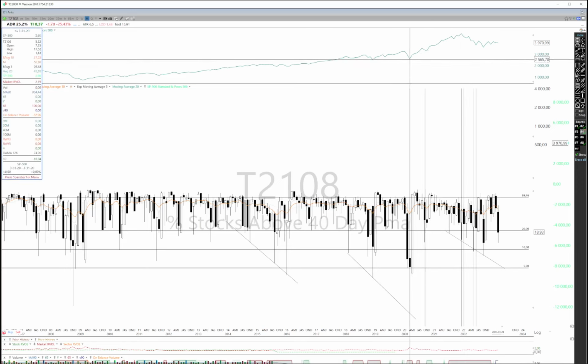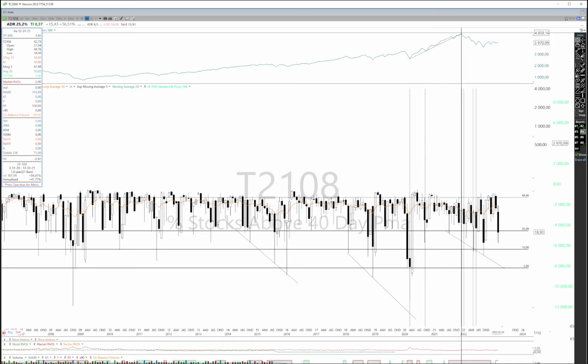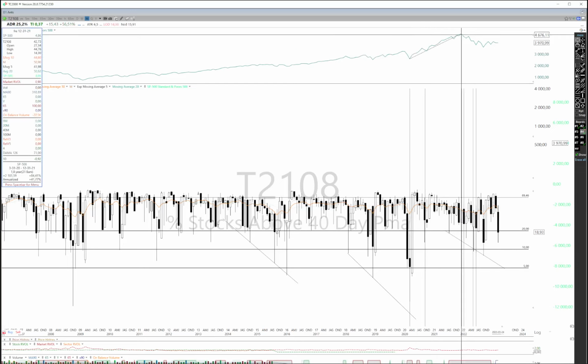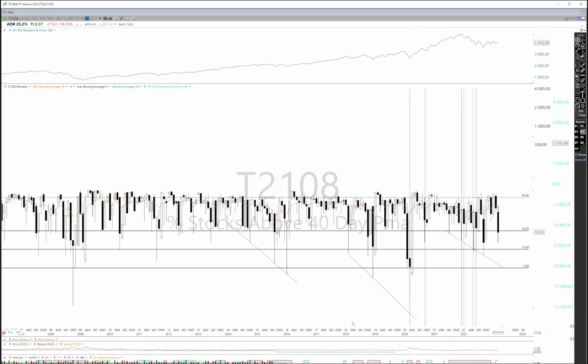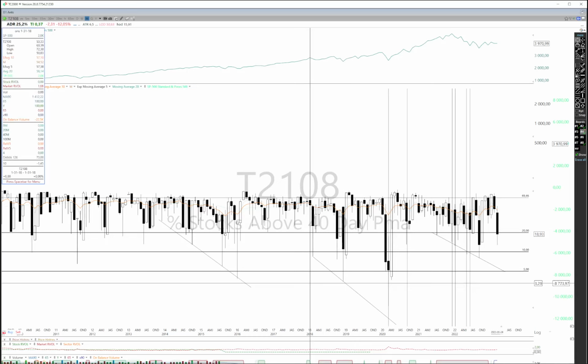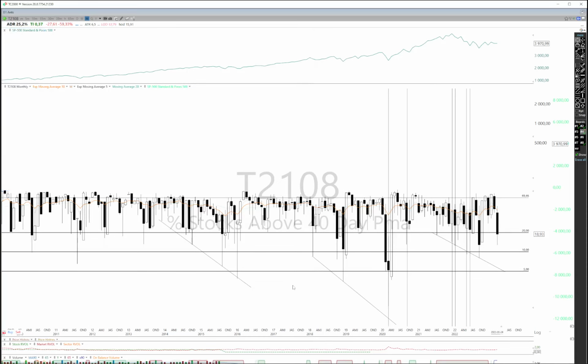And that's a move of 84% on the SPY. In what? 2 years? What is that? 1.8 years. So that's a huge move. And each time it comes down here, it's gonna move up. This is gonna be the low point, more or less.